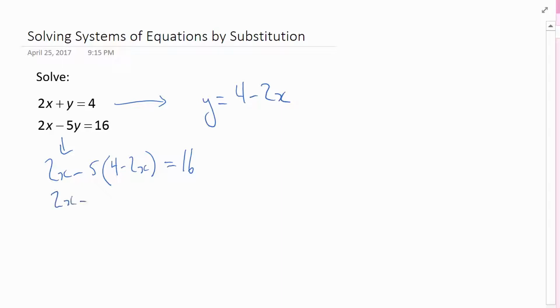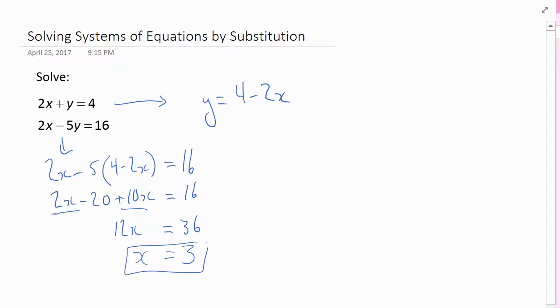So solving this would be 2x minus, let's expand this first, minus 20 plus 10x equals 16. So we'll have 2x plus 10x giving us 12x. Add 20 to both sides and we get 36. Now isolate for x, divide both sides by 12, and we will get x equals 36 divided by 12 is 3.